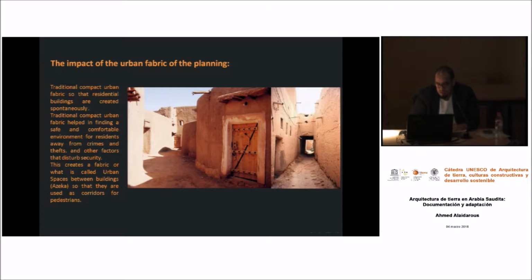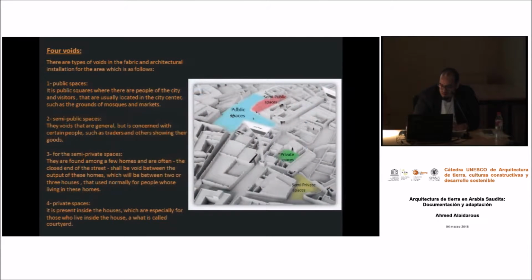So this style has a lot of benefits for the villages. It's a safe, comfortable environment for the residents, and makes shadows and lighting for the village. So you can see here.